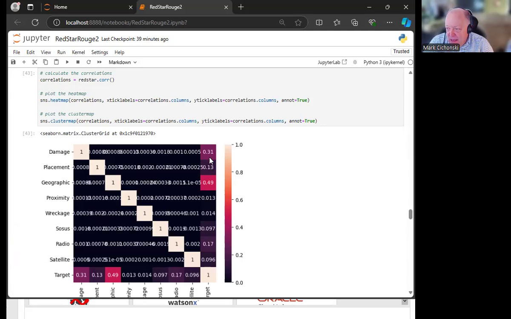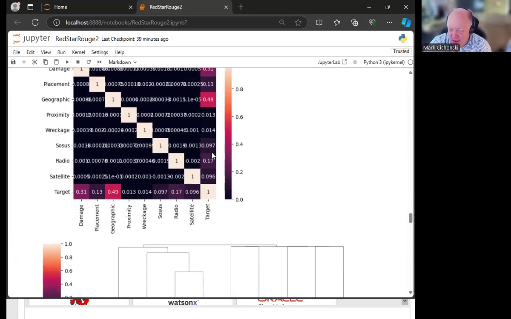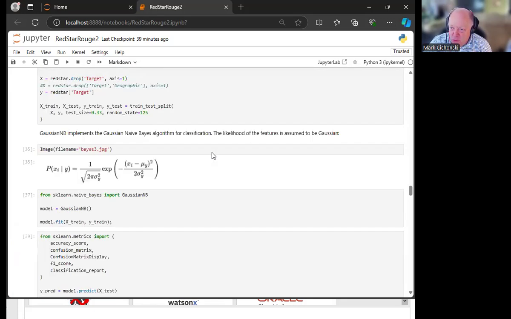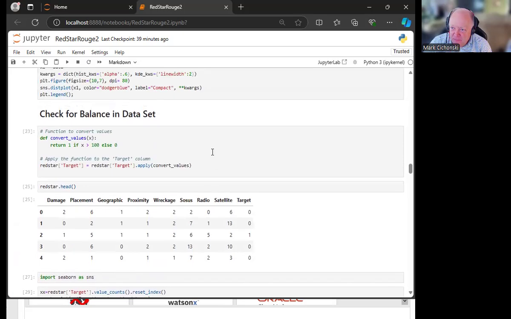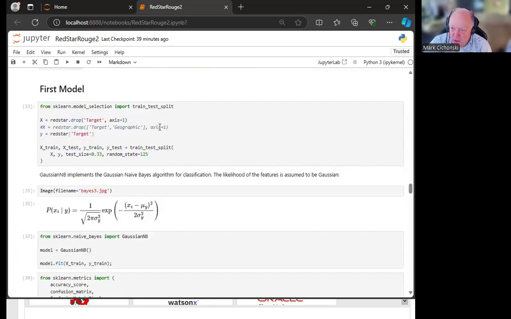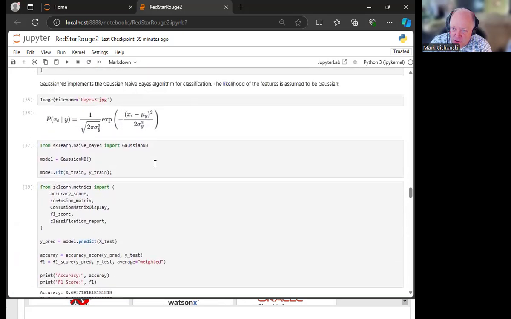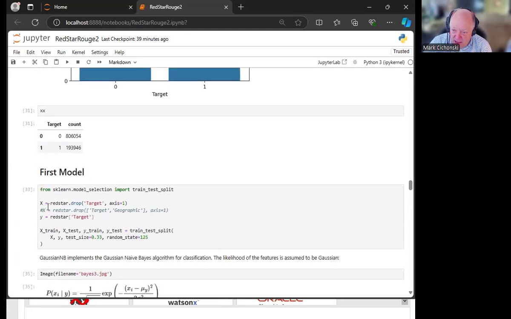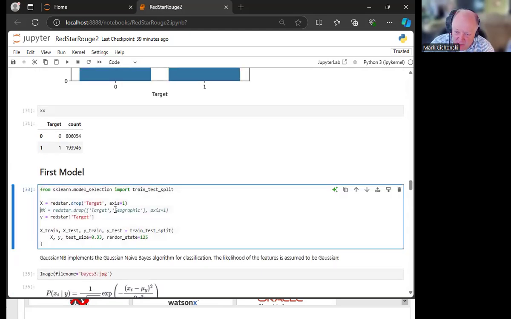In this particular case, we're going to pull out this one factor here, the geographic factor. So we'll go back up to the top. You'll notice that here I had commented this out, but I'm going to take this one out and comment this one now. What this is going to do is drop that geographic column.